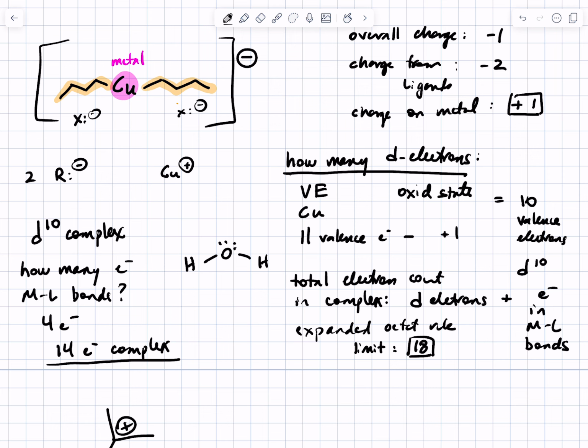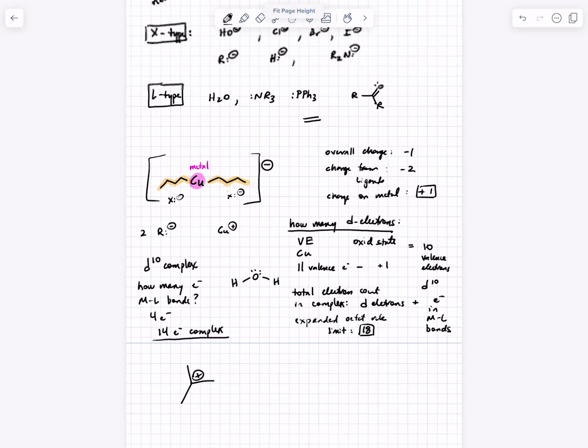Don't worry, because we're going to go through quite a few examples in the near future about assigning metal oxidation state, counting d electrons, and then counting total number of electrons. But for now, let me show you how this works out in the mechanism for the cuprate reaction that I just showed you.